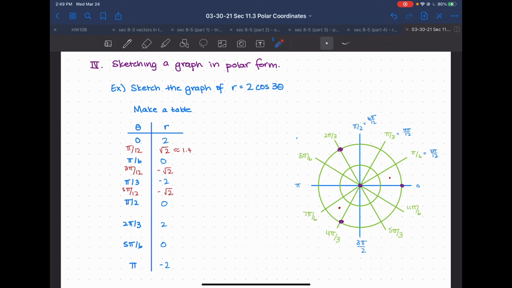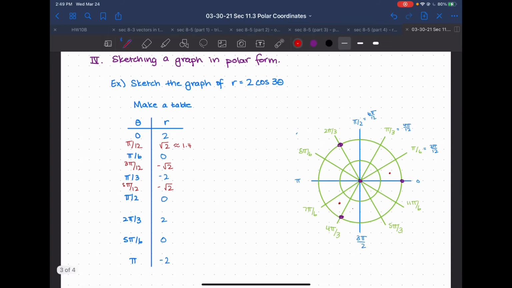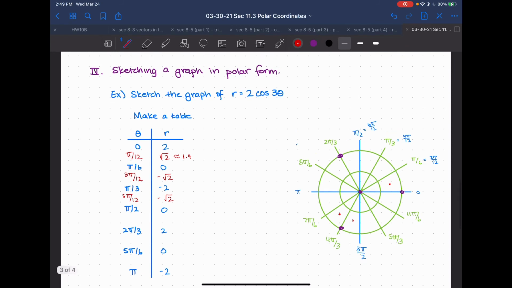So we're going to wind up right about there. And then I'm just going to keep going. We got 7 pi over 12. That would be 7 pi over 4. That'd be positive, so it's going to be positive root 2. 7 pi over 12 is going to be right there.